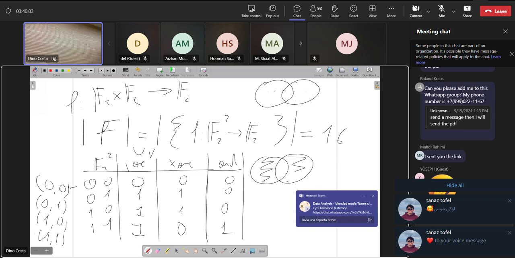So if I go outside and it's raining and I didn't take my umbrella with me, I'll become wet. So in this case, we have the intersection. The connection is the intersection. So this is the intersection, and some people also use this symbol.